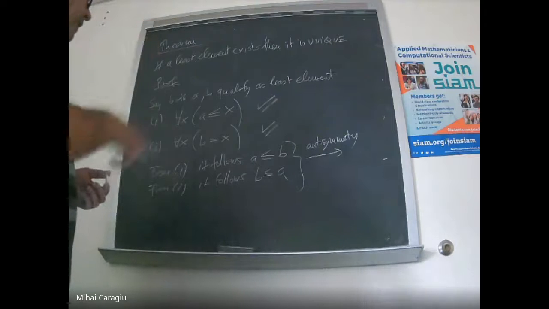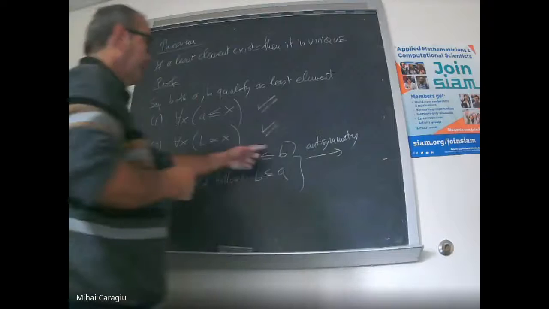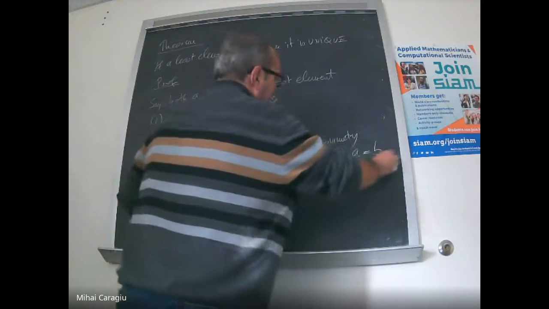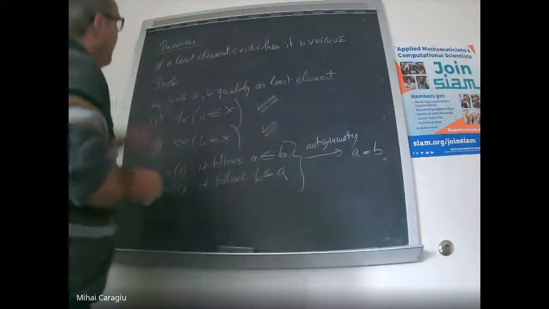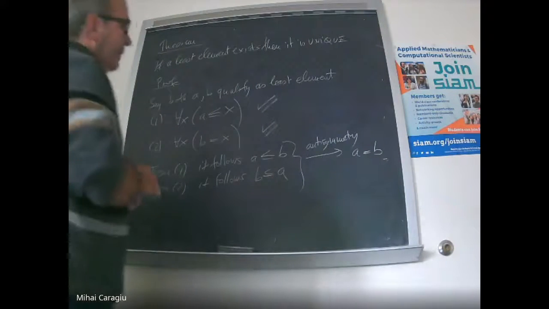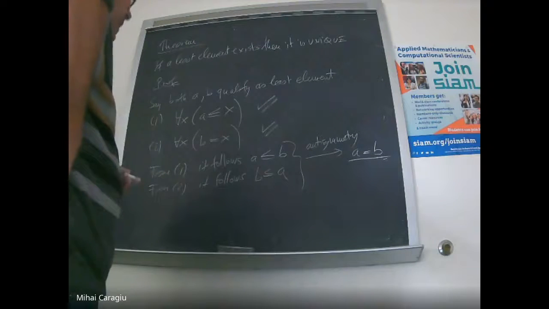For every x and every y, if x is less than or equal to y and y is less than or equal to x, then x equals y. So if A is less than or equal to B and B is less than or equal to A, then A equals B. So we just proved that if A and B both qualify as a least element, then they must be equal. Hence a least element, if it exists, is unique.